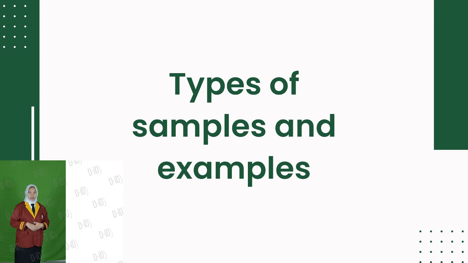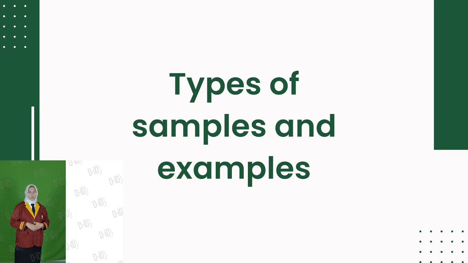4. Cluster sampling. Now, what if your population is very large and spread over a wide area? For example, you want to study elementary school students throughout Central Java. It would be very difficult to have to select students one by one. This is where cluster sampling can be used. In this method, you divide the population into groups or clusters, usually based on location, then select several clusters randomly.